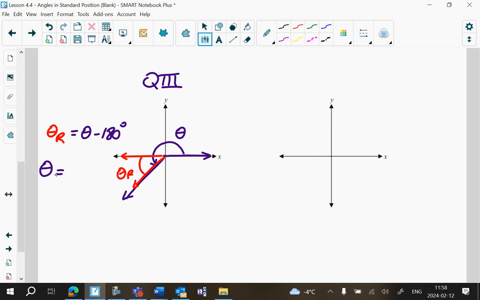How would you find the actual angle? If I told you this was 15. Yes. You would have to take the reference angle and add 180. So you got to be a little bit careful in quadrant 3.